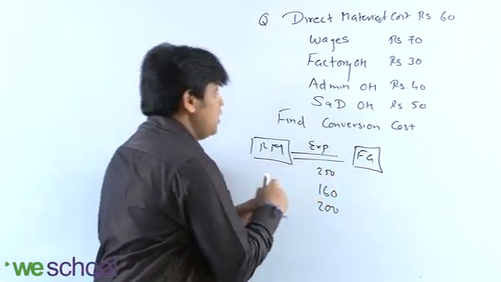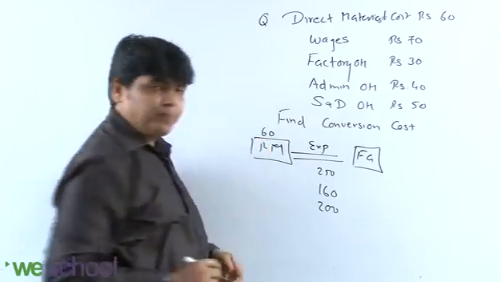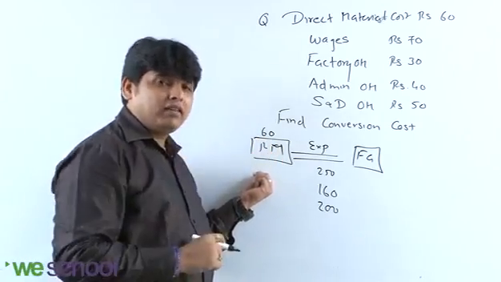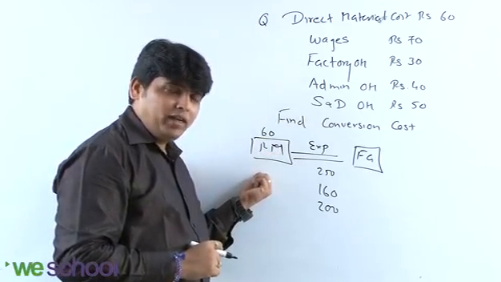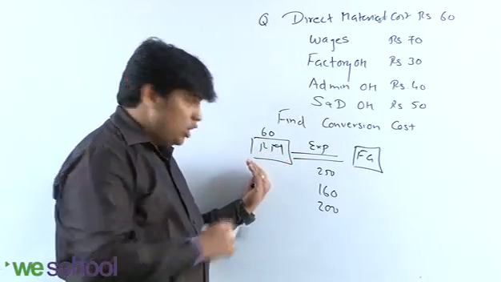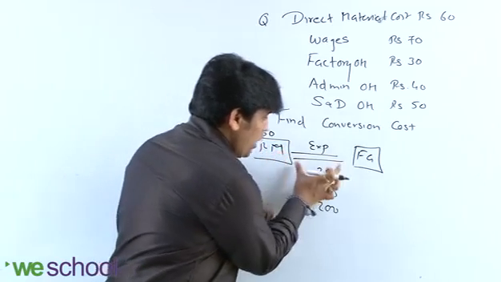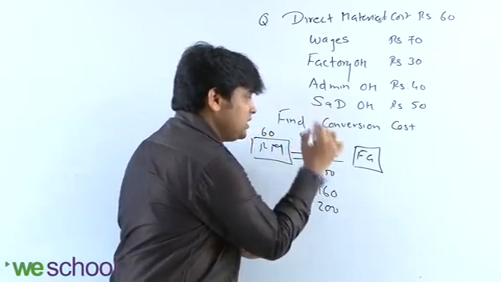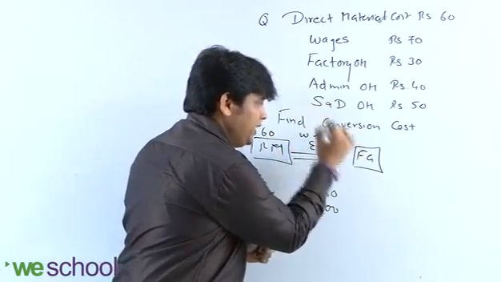What is the raw material cost? 60. So you are not supposed to take 60, my dear. You got the point? This is already incurred. To convert this raw material into finished goods, I am just talking about this expense. This expense will include wages and factory overheads.